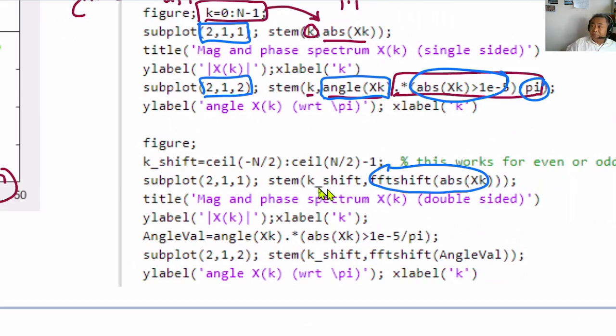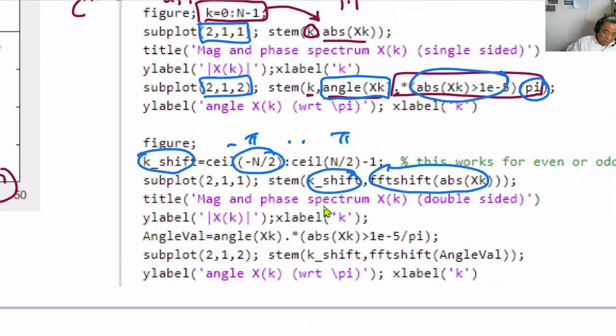Of course we also need to shift the index, because now the index goes from minus pi to pi, and we have to show it as integer versions of k, which is minus N over 2 to capital N over 2 minus 1. Put the ceiling there, otherwise it doesn't work for even or odd.